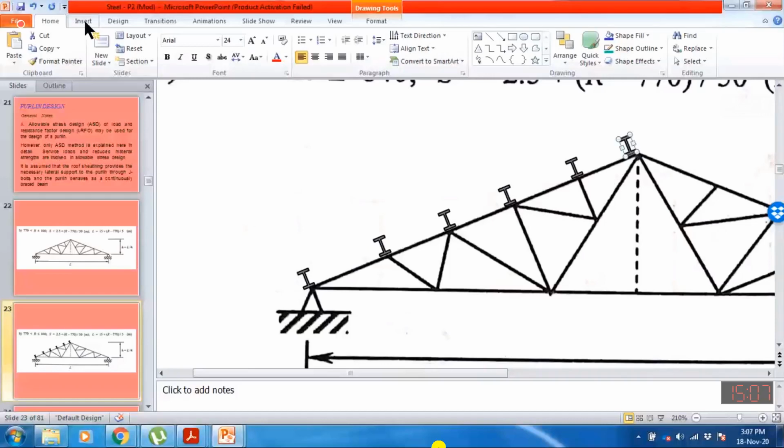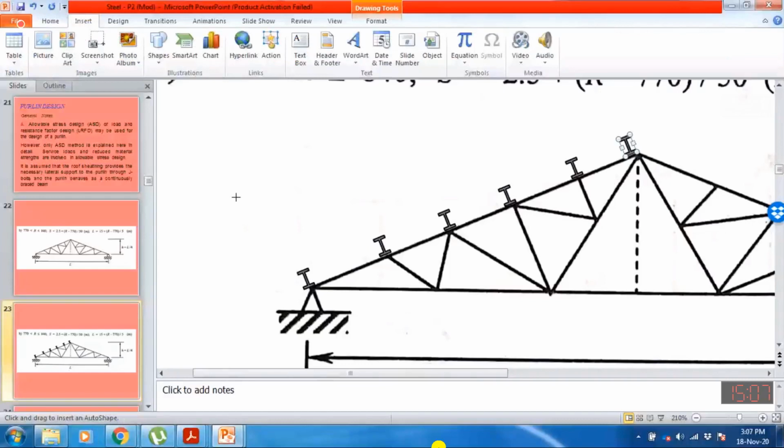Assume that this might be the sheet that we may place over here, or I may rotate it more appropriately.